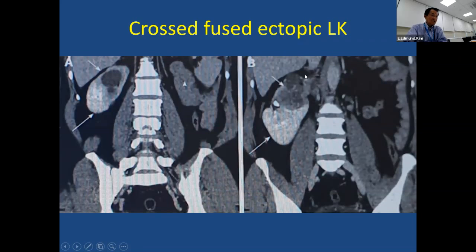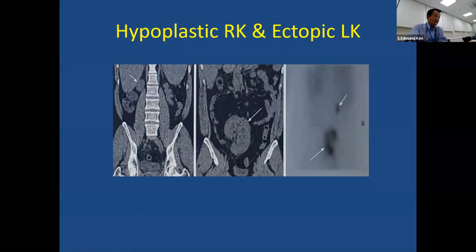This case is actually crossed fused ectopia, a congenital anomaly where the kidneys are ectopic or fused together in one place. And the hypoplastic kidney: this is a small soft tissue, but it looks like a renal configuration, small.